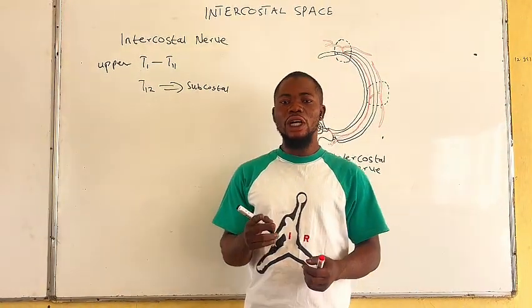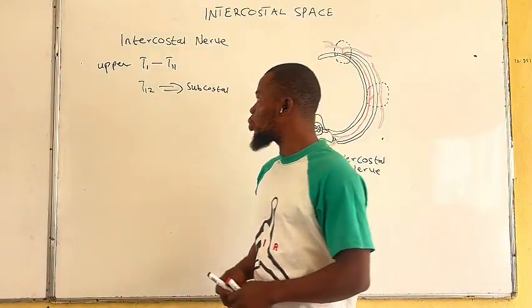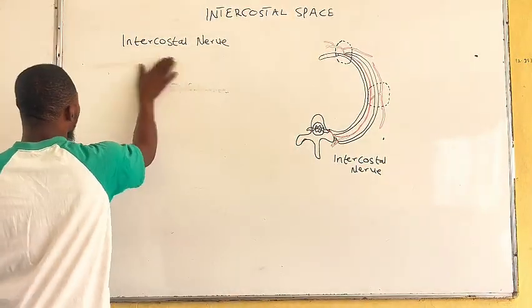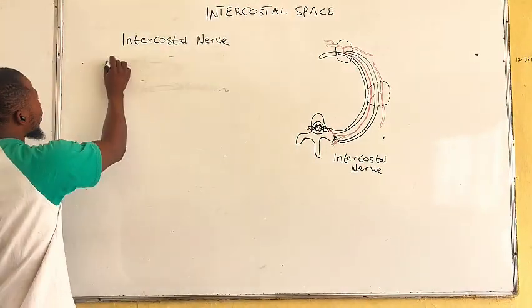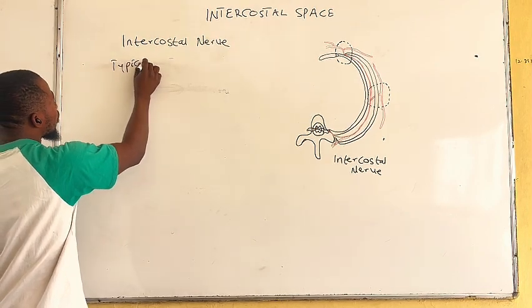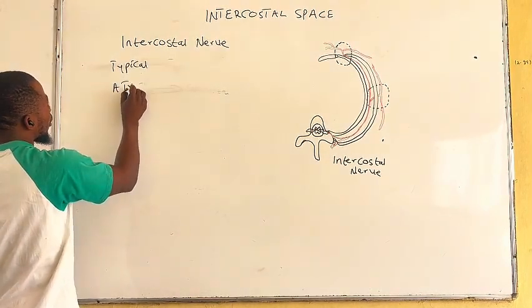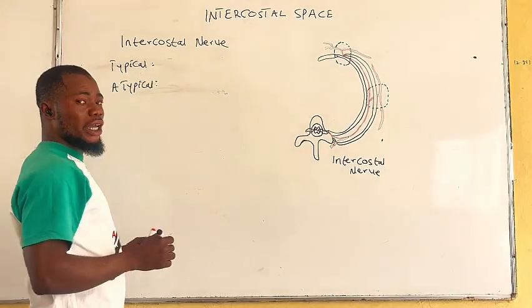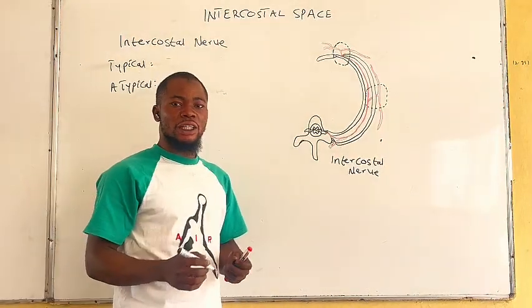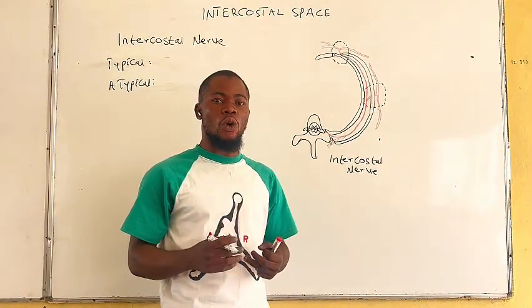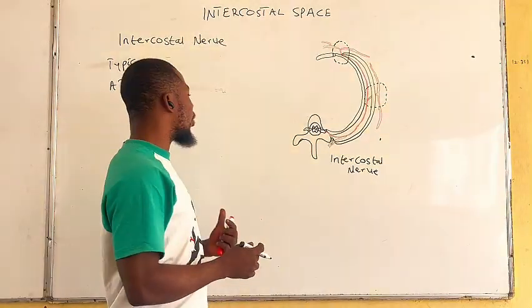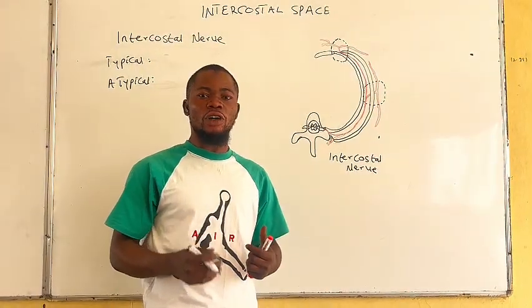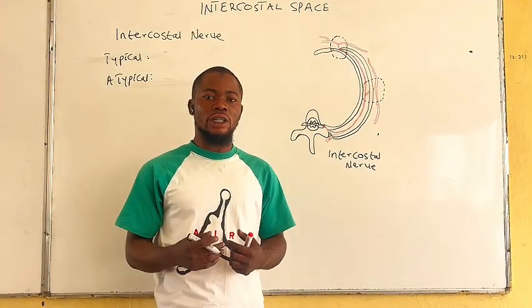Therefore, the anterior rami of the upper 11 thoracic spinal nerves form the intercostal nerves. The intercostal nerves are further classified into 2: typical intercostal nerve and atypical intercostal nerve. The typical intercostal nerves supply only the thoracic wall, whereas the atypical intercostal nerves supply other regions in addition to the intercostal spaces.